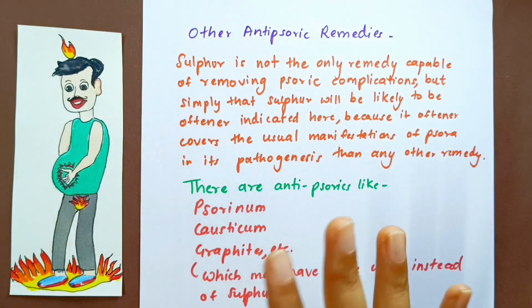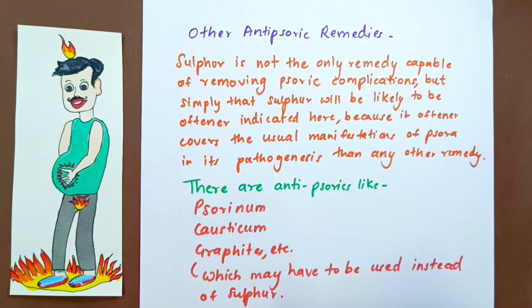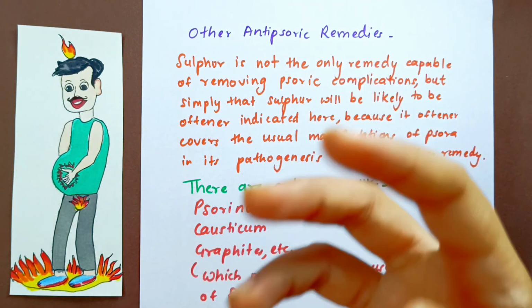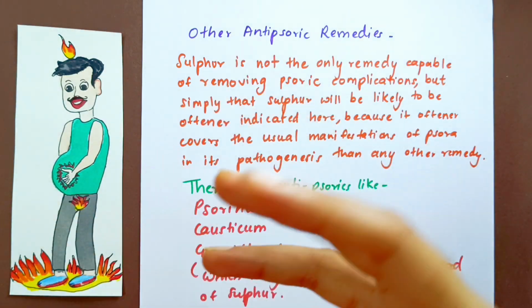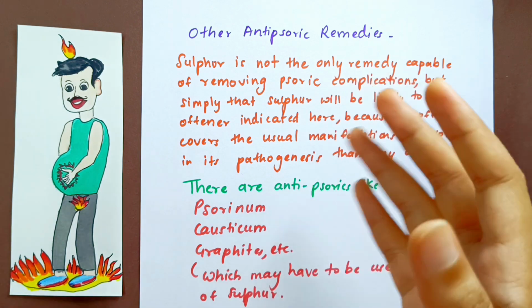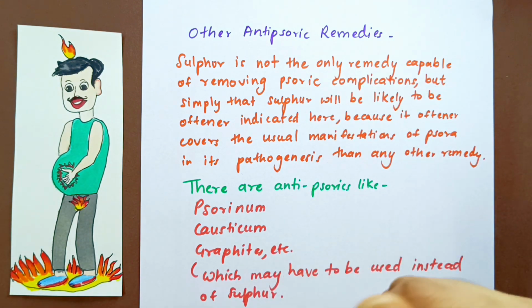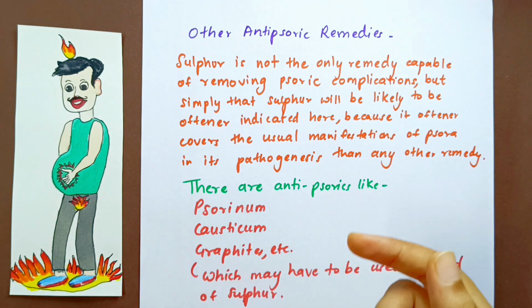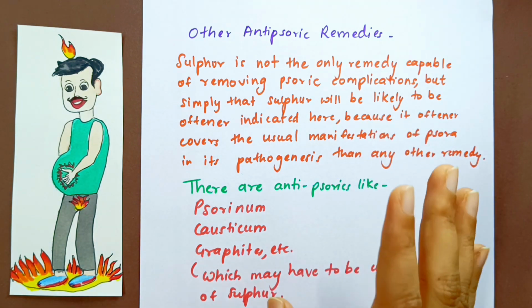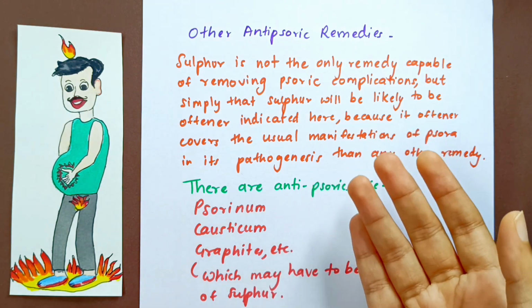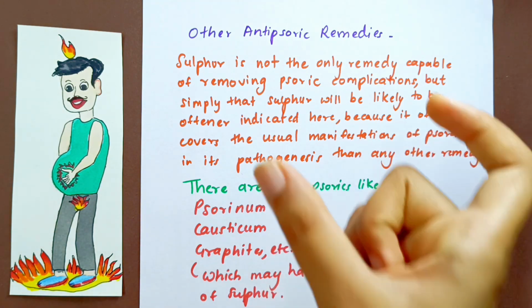Most commonly sulfur is indicated, meaning that the patient will come to you more commonly with acute problems. For example, if they come to you with any kind of acute problem, and you give them Pulsatilla, whatever is the indicated remedy, and they are not cured of it, then you will most commonly see the symptoms of sulfur in them here and there, and most times sulfur will be the indicated remedy.